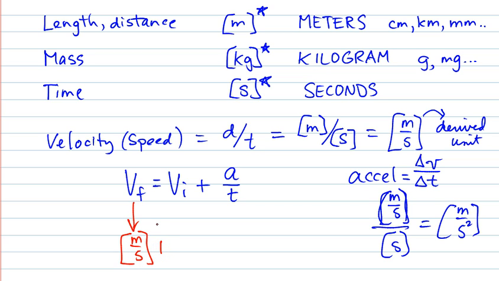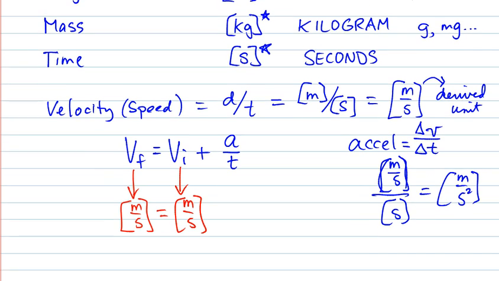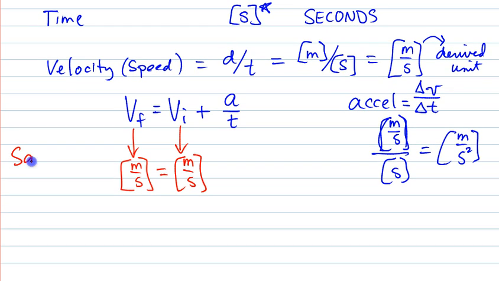What about the units of the velocity on the other side? Well, that's also meters per second. What we want is to get the same units on each side.